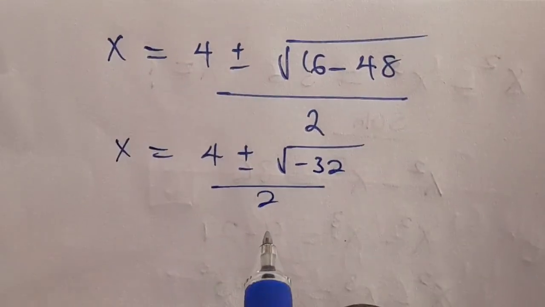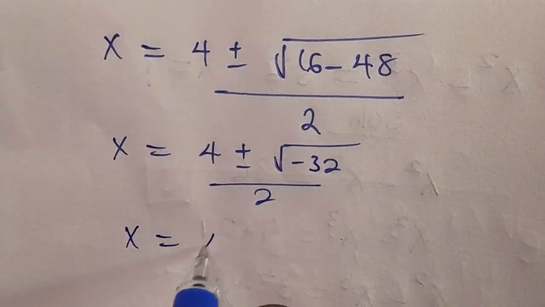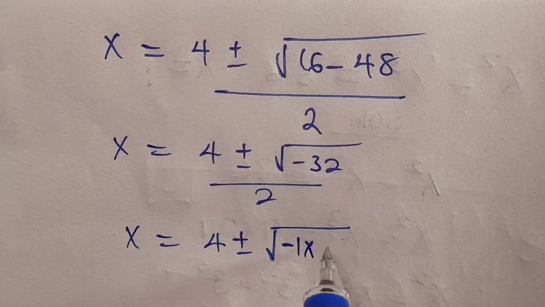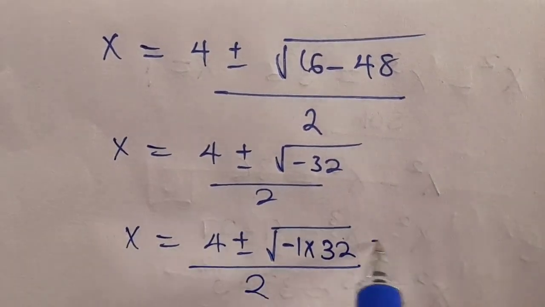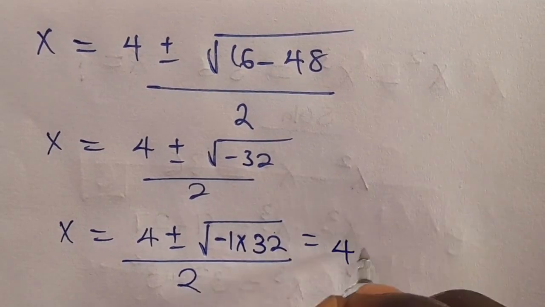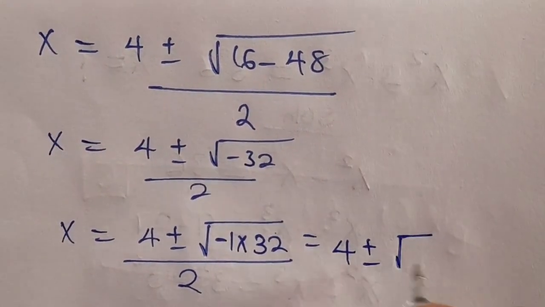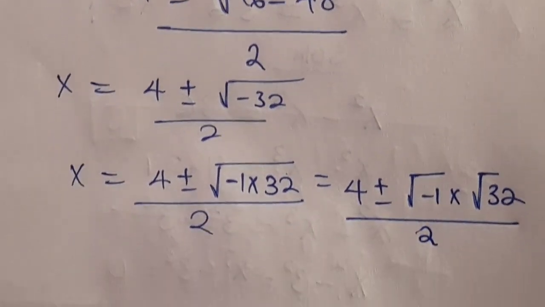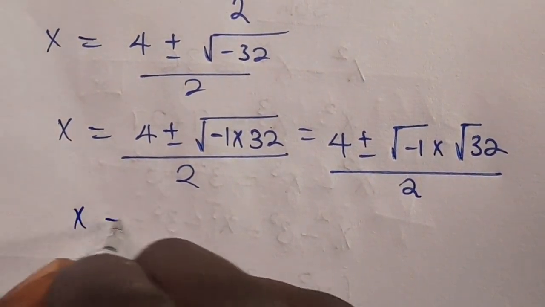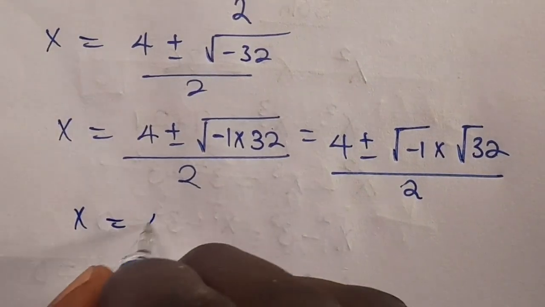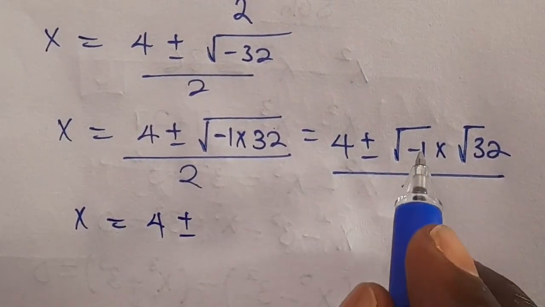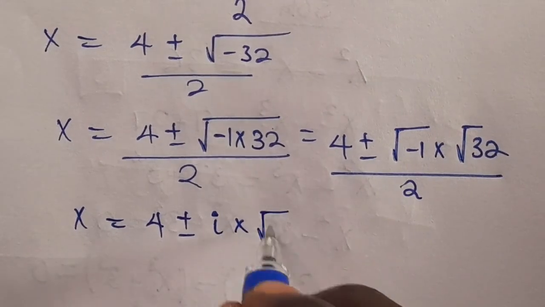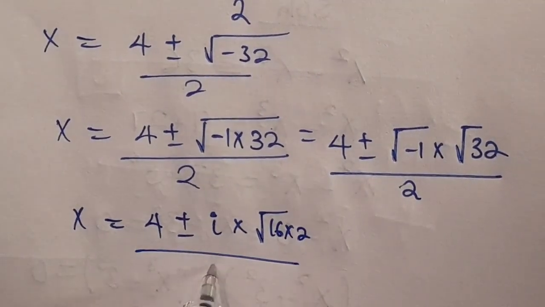Divided by 2. And so from here we have our s to be equals 4, positive or negative, square root of minus 1 times 32 divided by 2. And this equals 4, positive or negative, square root of minus 1, then multiplied by square root of 32, divided by 2. Now from here we have our s to be equals 4, positive or negative, square root of minus 1 is i, then multiply by, this can be simplified as 16 times 2, then divided by 2.